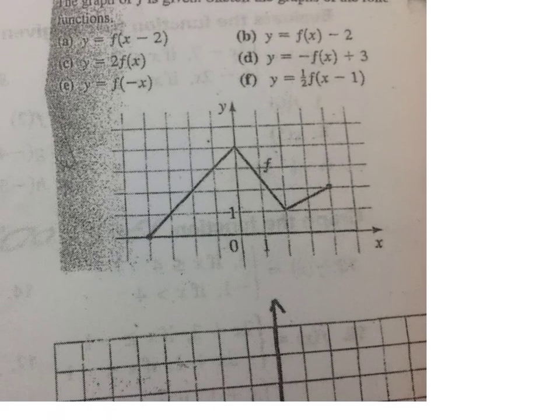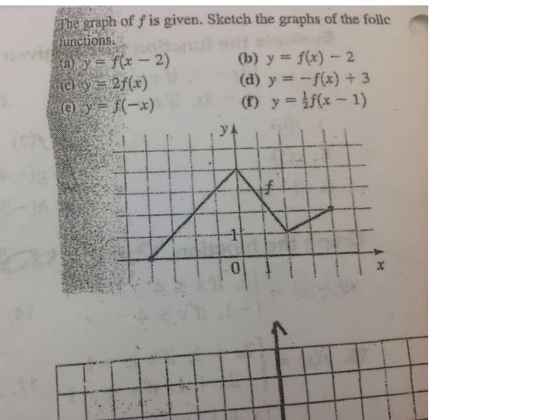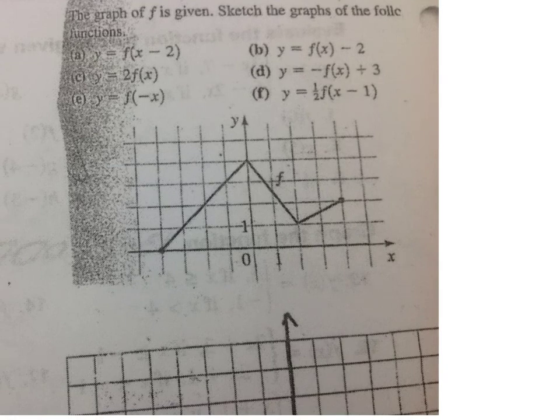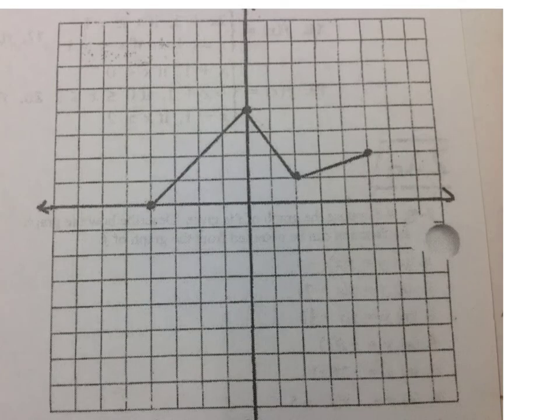Alright, so let's start. I'll just start with a new sheet. Okay, so I'm going to use black first, and this will be letter A. A was y equals f of x minus 2, which means we have to take our graph and shift it right 2.